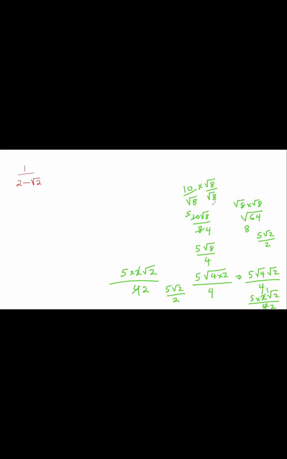Yes, Josh? Sir, for this part where you had 1 out of 2 minus root 2, you said we change the sign. Why are you not changing the sign where we have 10 over root 8?